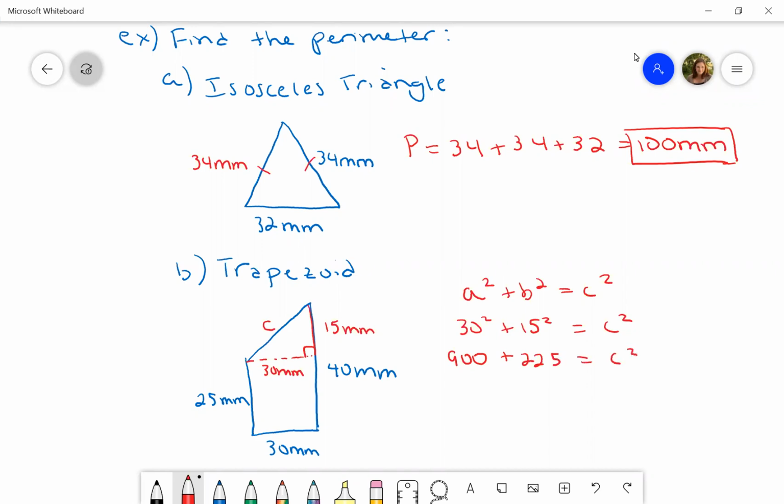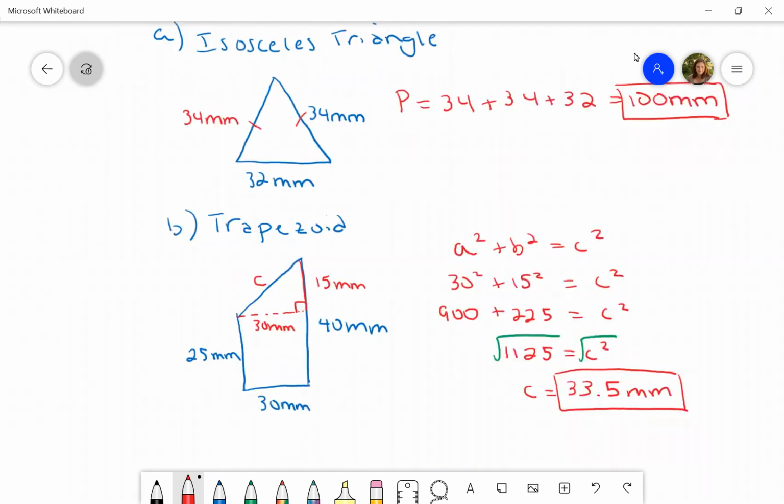So added together, that's 1125. So then to find the hypotenuse, you might remember we need to take the square root of both sides. So the square root of that comes out to, well, I'm going to get a decimal. So here I'm going to write 33.5 millimeters.